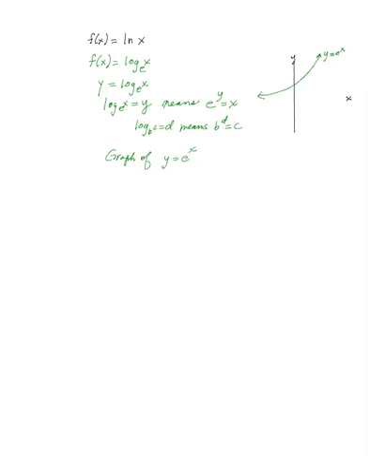But if we want to graph f of x equals natural log x, that's the same as x equals e to the y. Here's the graph of y equals e to the x.